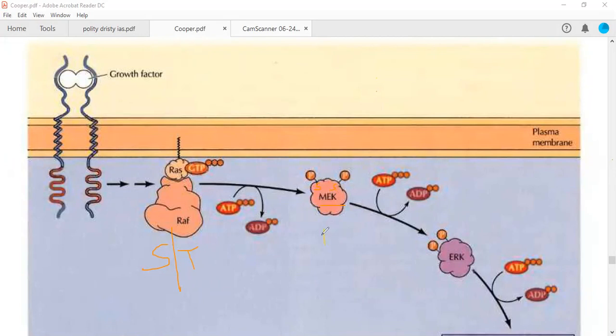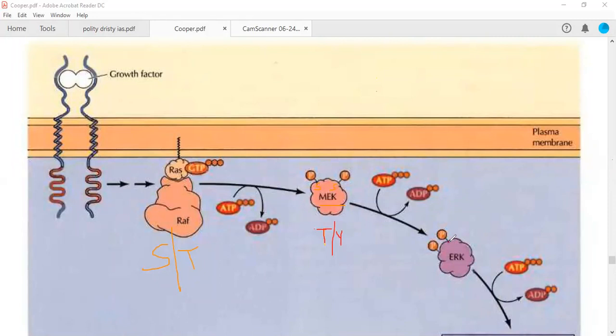This will phosphorylate either threonine, or it will phosphorylate a tyrosine, this is Y. So remember, this MEK is a dual specificity kinase. It will phosphorylate a tyrosine, or threonine T, in the downstream protein called ERK.